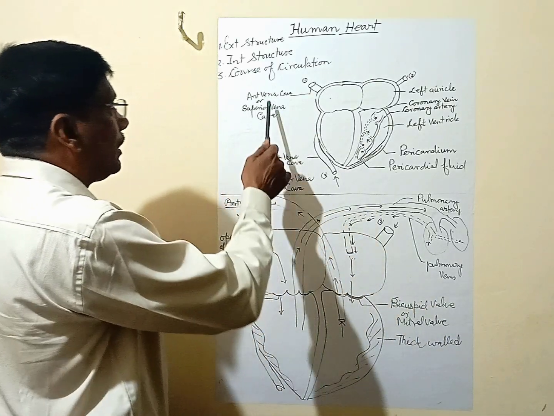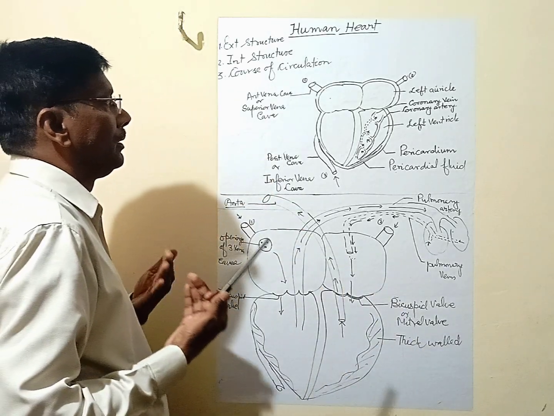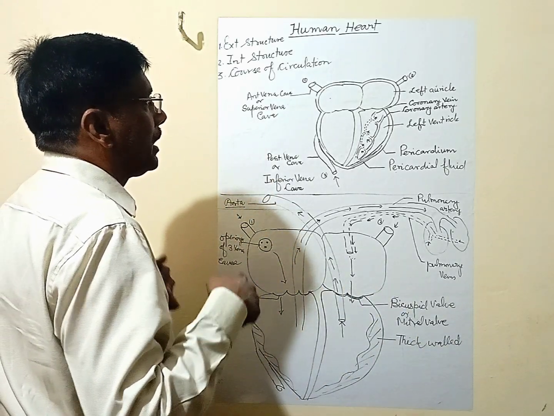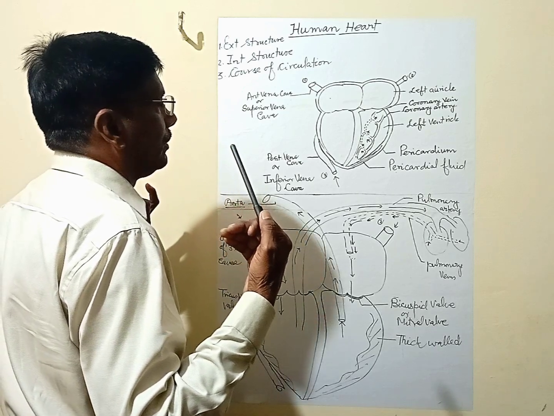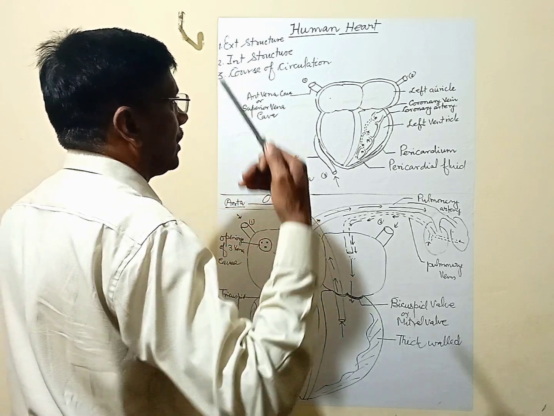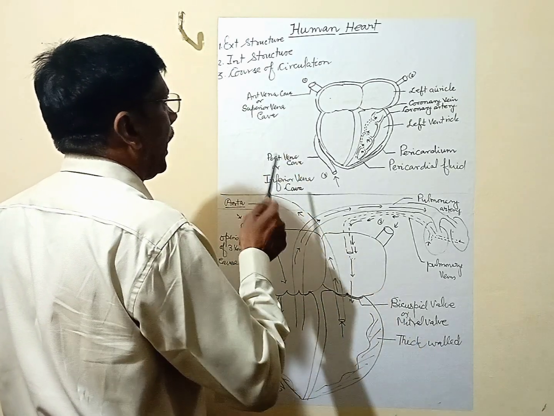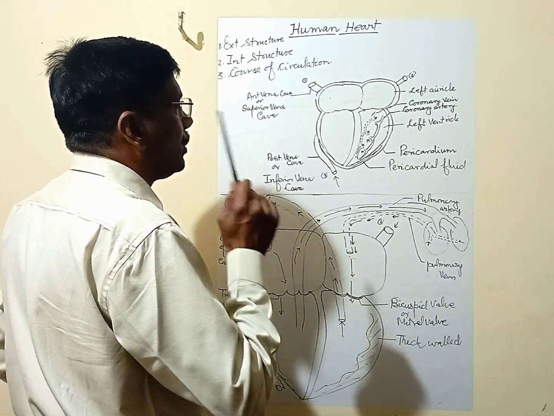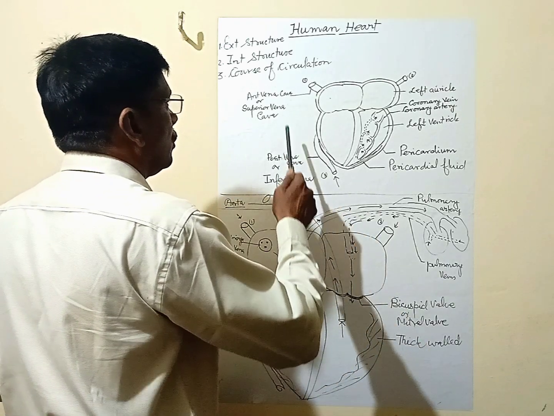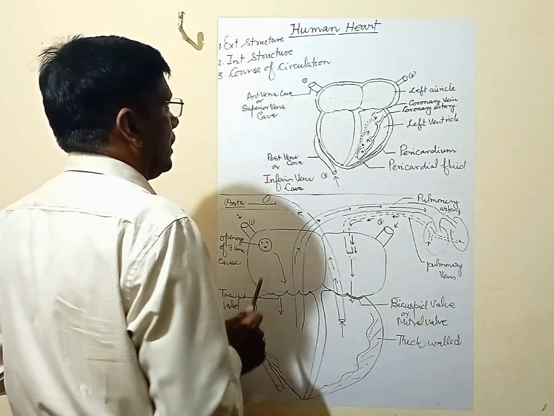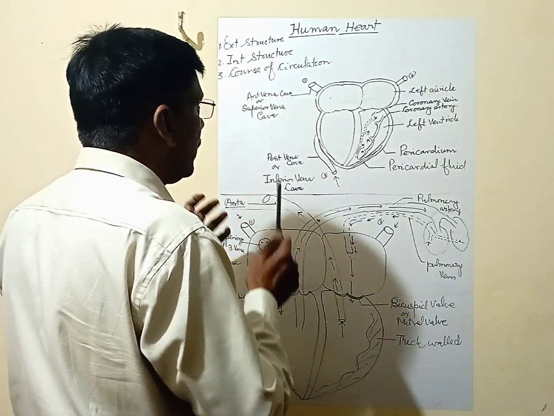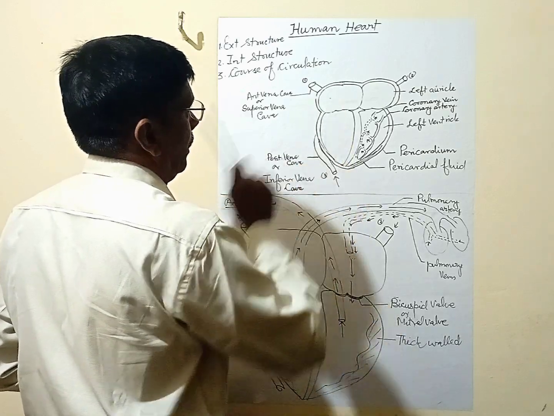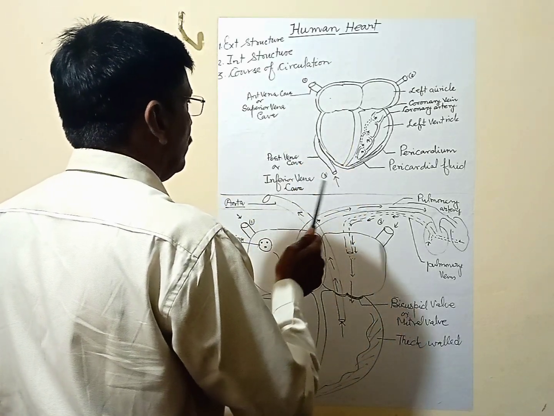The anterior vena cava brings blood from those organs of the body which are above the heart, on the upper side of the heart: head, brain, ears, nose, eyes. These are the organs from where blood is brought inside the heart, to the right auricle.